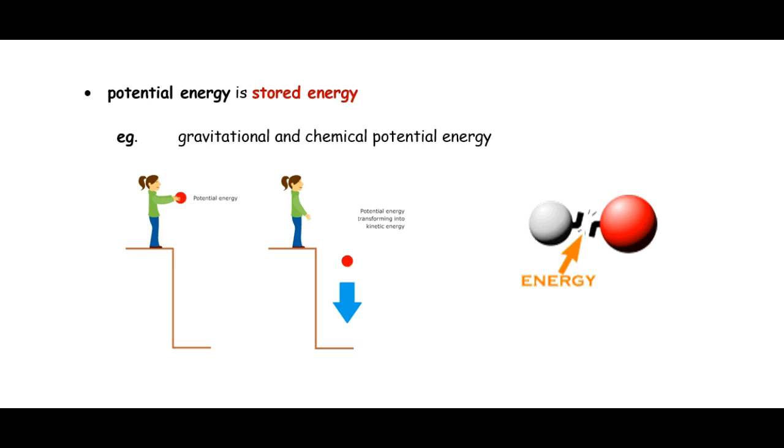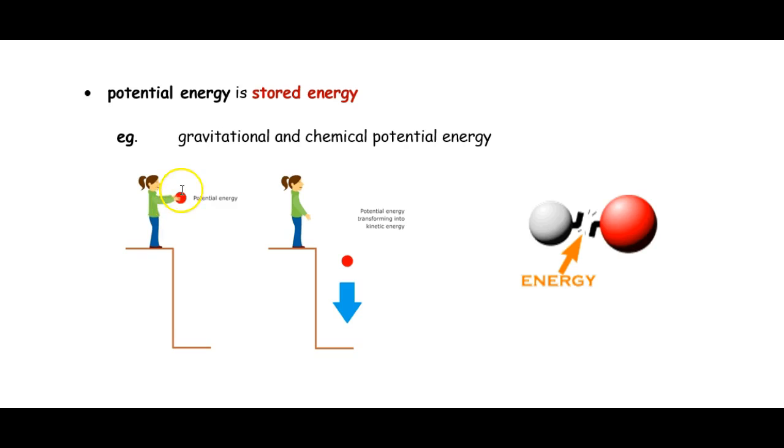Now, there is also another form of energy that we refer to as potential energy, and that is essentially stored energy, or energy that is waiting to be used. We can think of it as energy that has the potential to do work, but it's just not being used at that time. So imagine that here I am on the top of a building and I've got a ball in my hand.